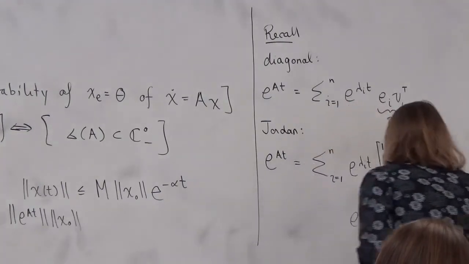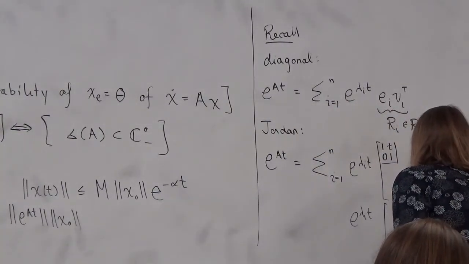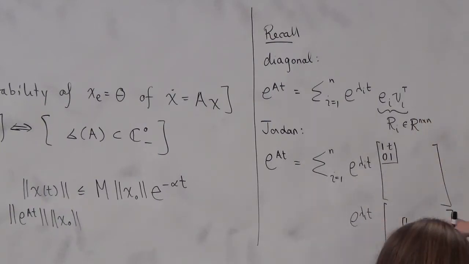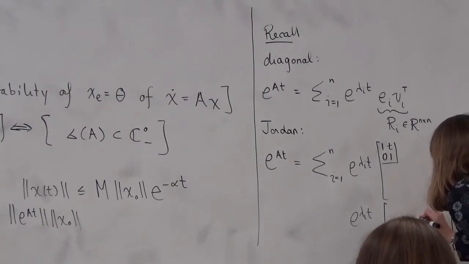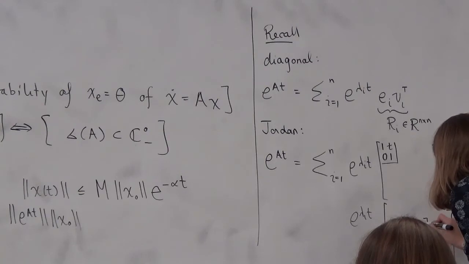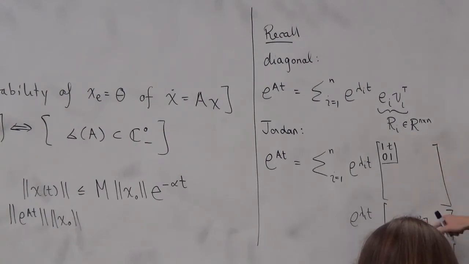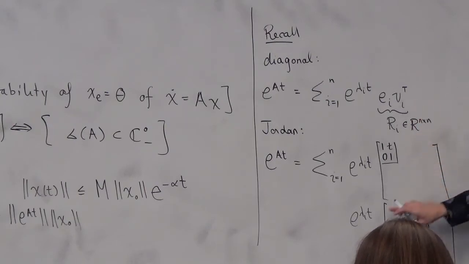So maybe down here I have a Jordan form where I've taken out the e to the lambda_i t off the diagonal, but now I'm going to have my t's here, and then my t squared over 2 factorials here, etc. So we're going to have matrices that are multiplying my e to the lambda_i t's, which are not constants anymore. They have t in them that come from the Jordan blocks.